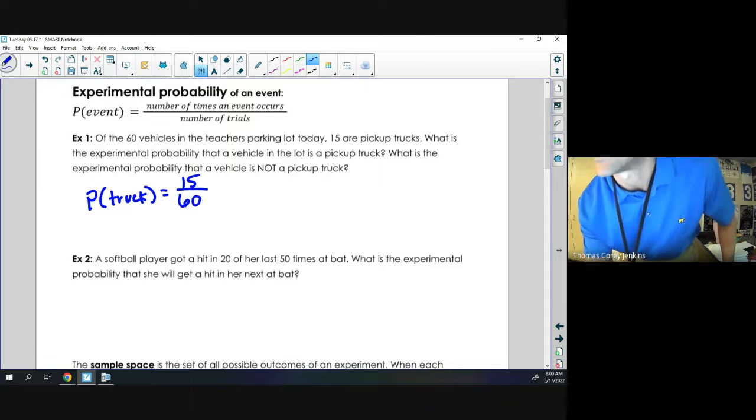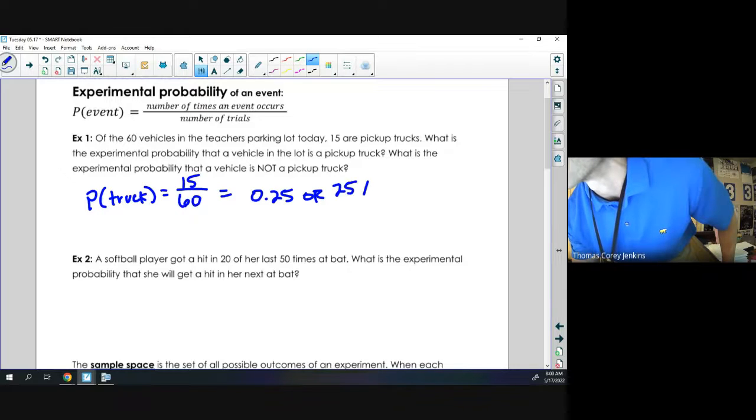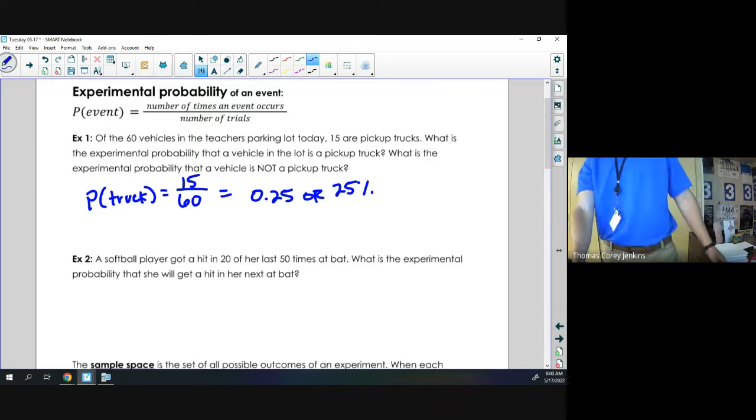We could reduce that down if we wanted to. I think on your homework it mainly wants a decimal or a percent. So if we divide there, we get 0.25. Or if you wanted a percent, just move your decimal over 2 places, and that'd be a 25% chance.